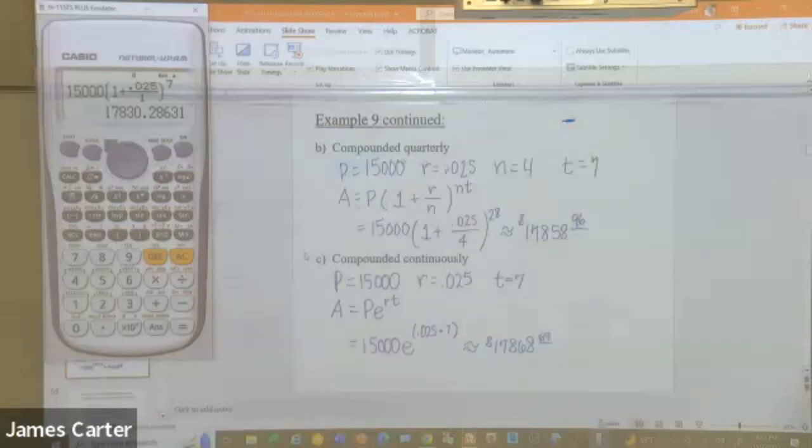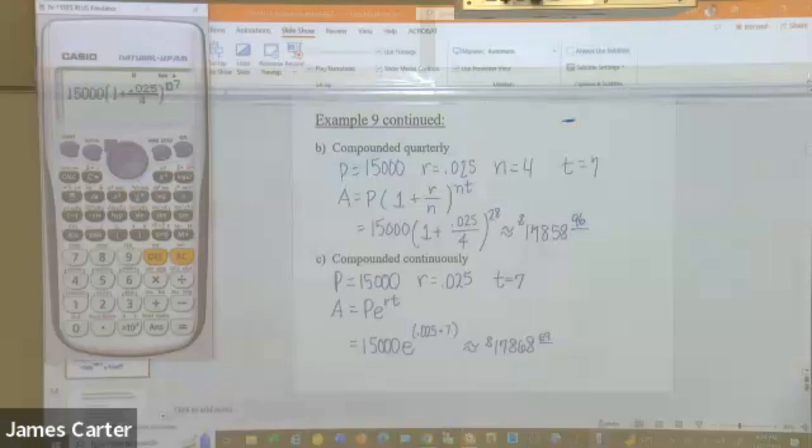Now we're going to compound quarterly. I don't need to change everything in here, because the 15,000 is the same and the 1 plus is the same, but that has to be a 4 now, because I'm doing it 4 times a year. So I back up until I get there, delete that, put in a 4, come back out here and hit my power key again.